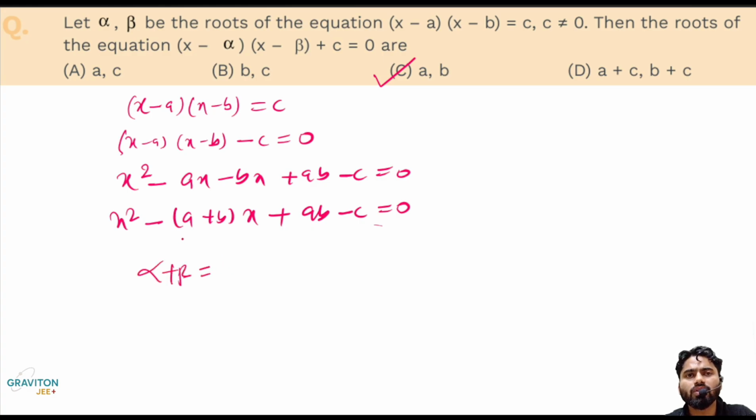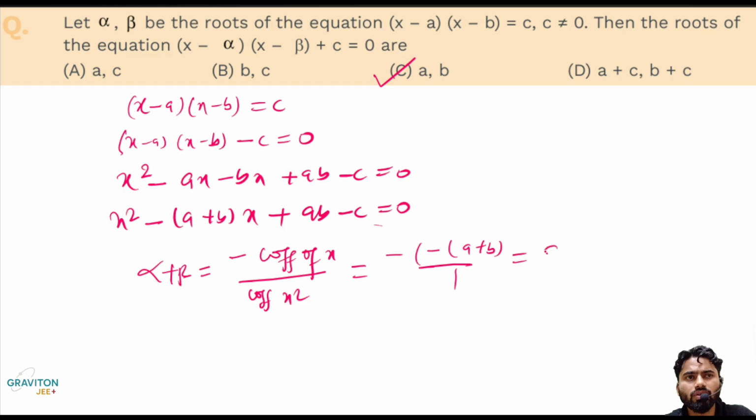Alpha plus beta equal to minus b upon a, that is, minus coefficient of x upon coefficient of x square. So what will we get? Minus of minus (a plus b) by 1. So your alpha plus beta will be a plus b.